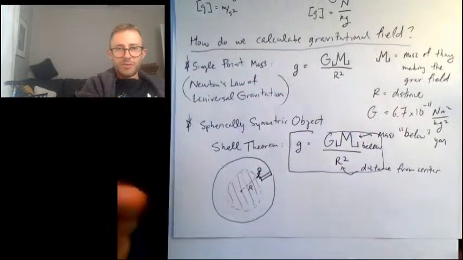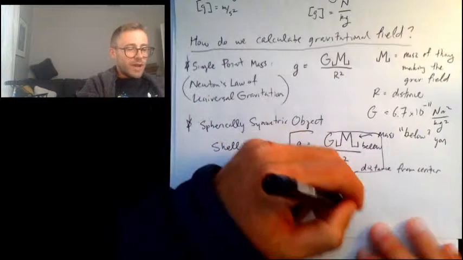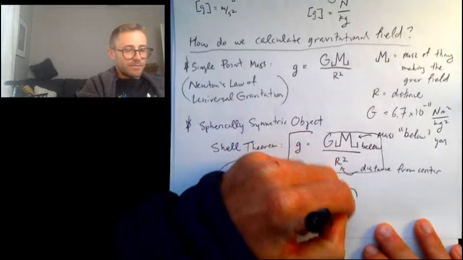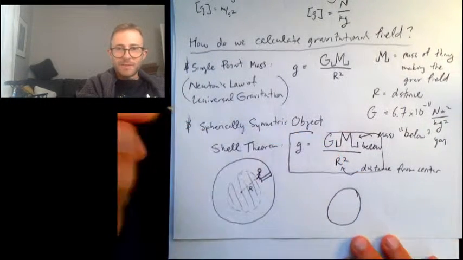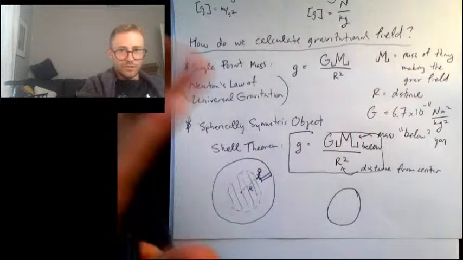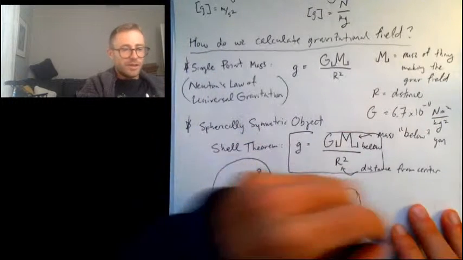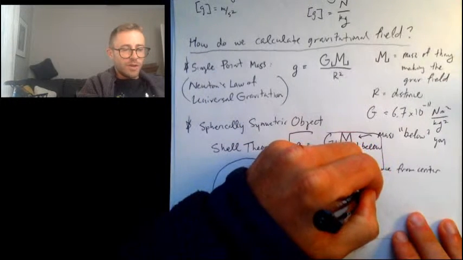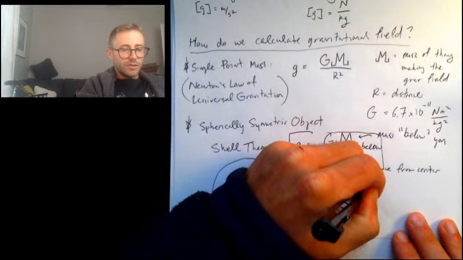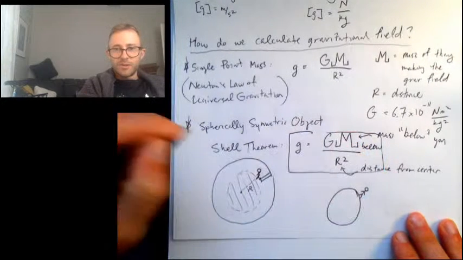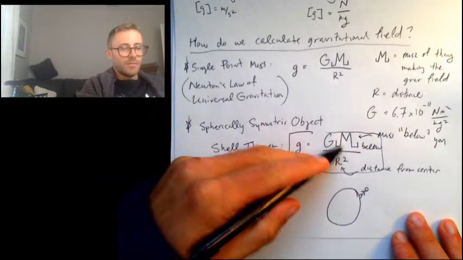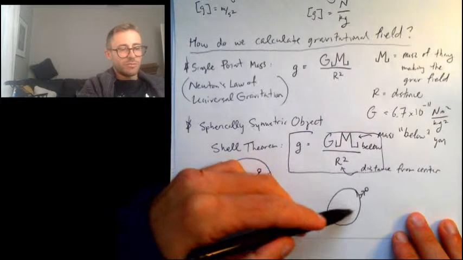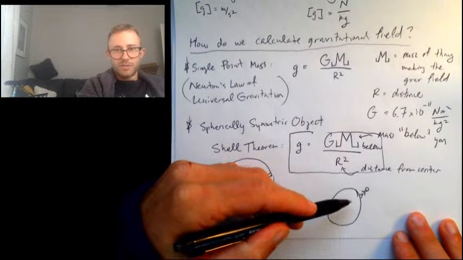Here's something really weird. What if you had a spherical shell? So it's an empty shell. It's just a spherical shell. If you were right here on the surface, you could walk on the surface. You would use Gm over r, because the mass below you is the entire mass of the shell.